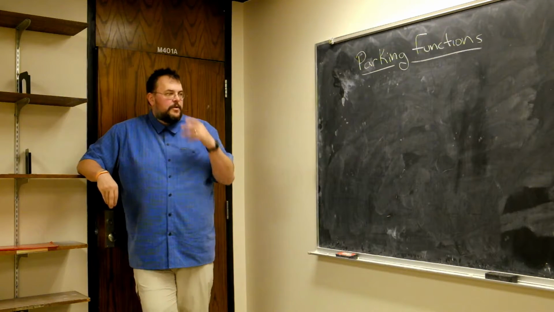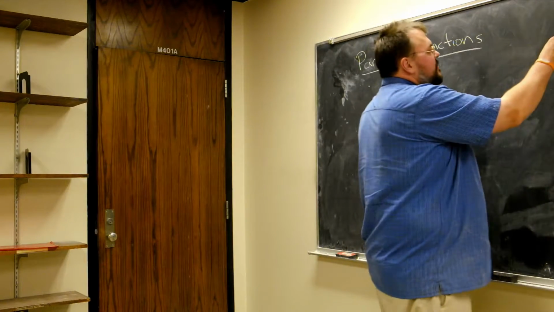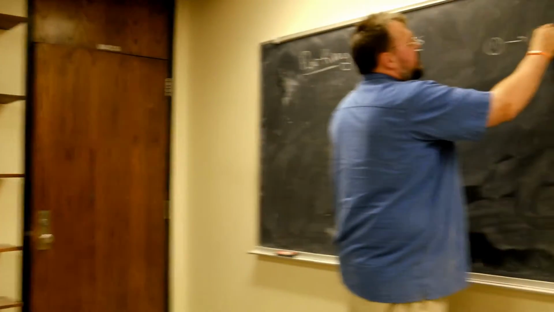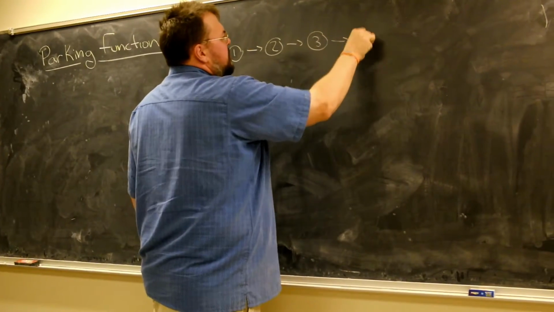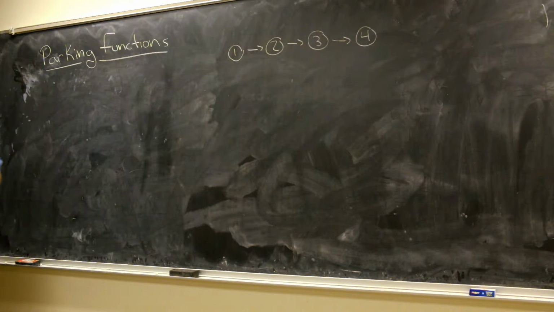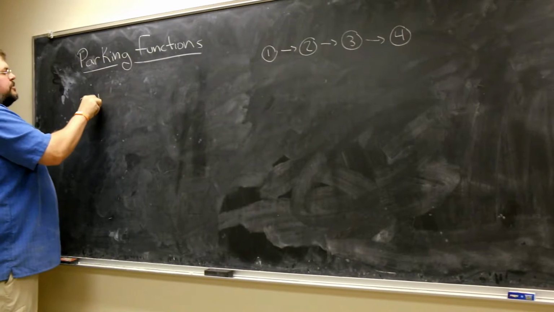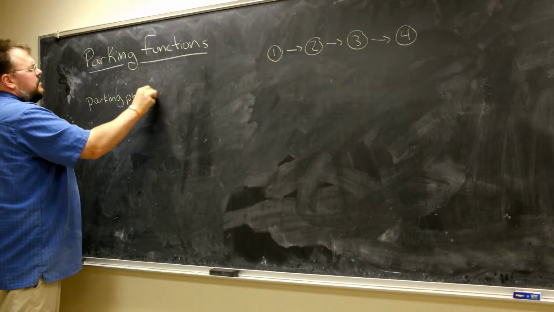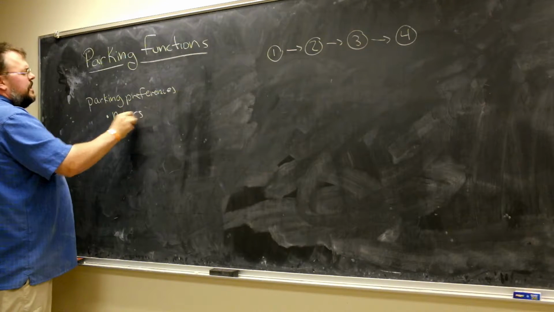Okay. So what are the ideas of parking functions? Well, it's nice to have a picture. This has something to do with parking, and as you know, parking can be a real hassle. So I'm going to imagine that I have a sequence of spots lined up. You can imagine this, for instance, on a one-way street. I have n parking spots. When we start by talking about parking functions, we'll start with parking preferences. We have n cars and spots.